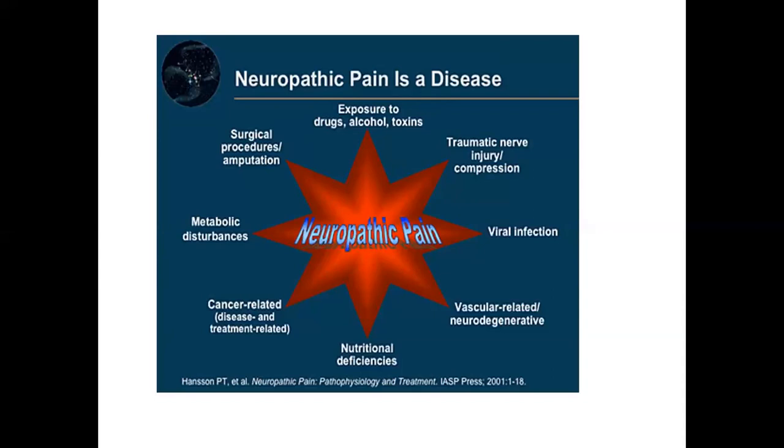All this, the argument by this team was, might need to be considered as a disease itself because of what the patients go through when they suffer from these myriad causes of what we might see as just one component of causing a patient to be distressed, that is pain.